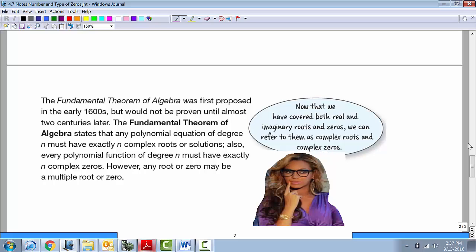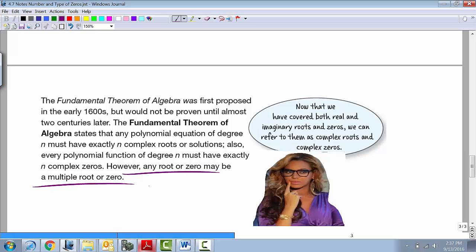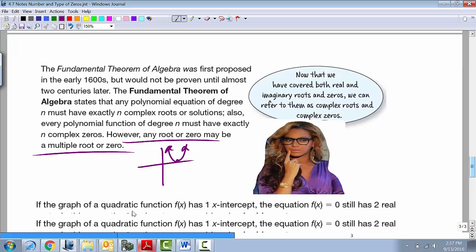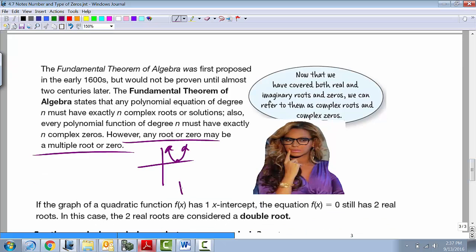All right, Beyonce here. She's going to talk for a little bit about this fundamental theorem of algebra. When you have that one root that looks like this, where the vertex, remember we only had one? This is going to be called a double root. So if you ever hear me reference, hey, that's a double root, that's what I'm talking about.